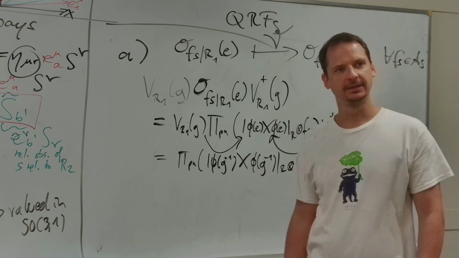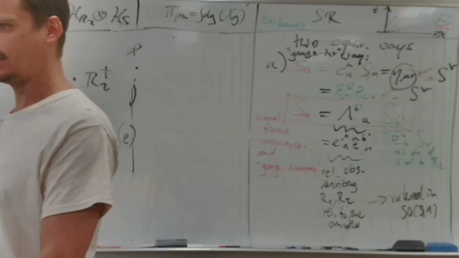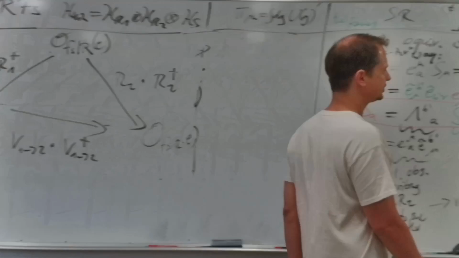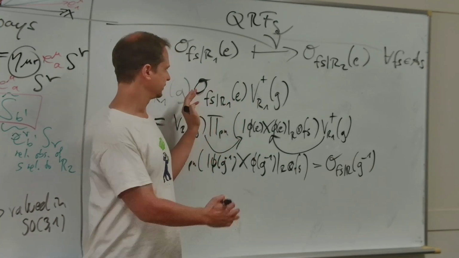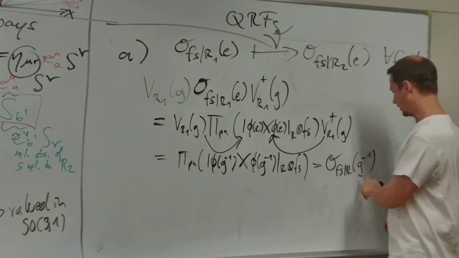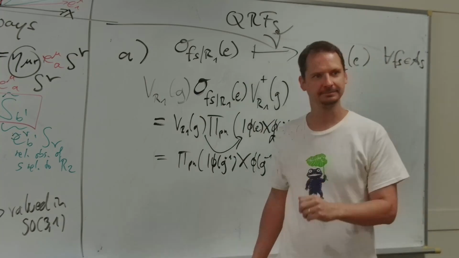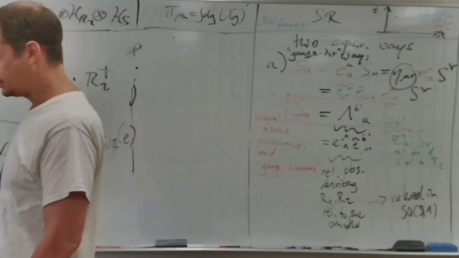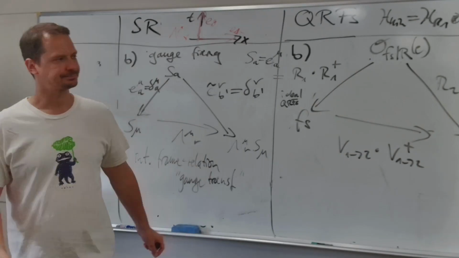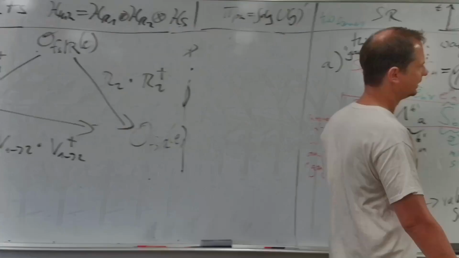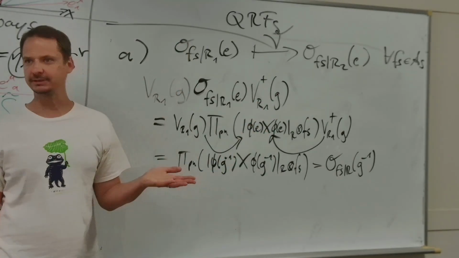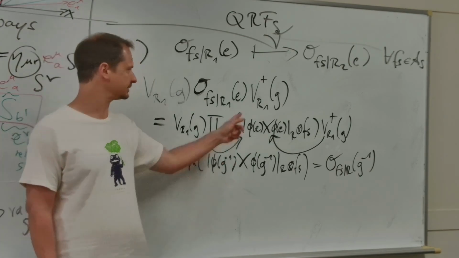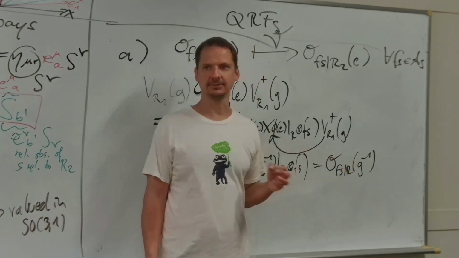So you see that what these reorientations actually do is change the frame orientation label inside the relational observable. Here I had E, and I go to g inverse, and everything else is the same. You should think of these relational observables as families of gauge invariant observables, a whole parameter family, and the parameters are these group labels, these orientation labels inside the relational observable.